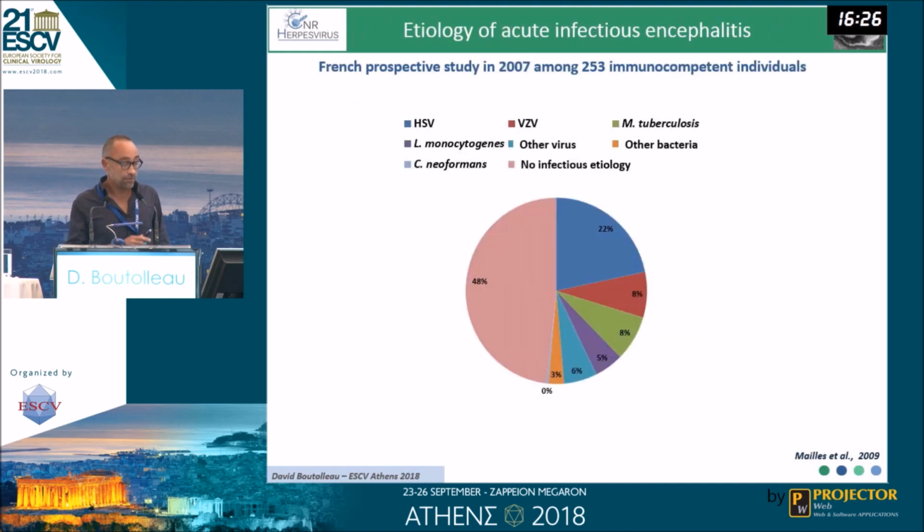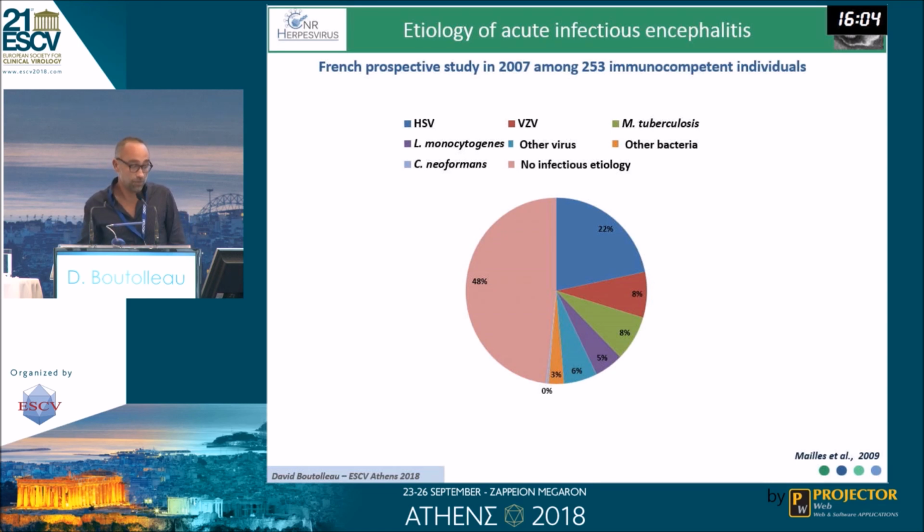These are the results of a French prospective study more than 10 years ago, concerning 253 immunocompetent individuals. Once again, you can see that the first etiologic agent of the encephalitis was HSV, especially HSV1, and then VZV.